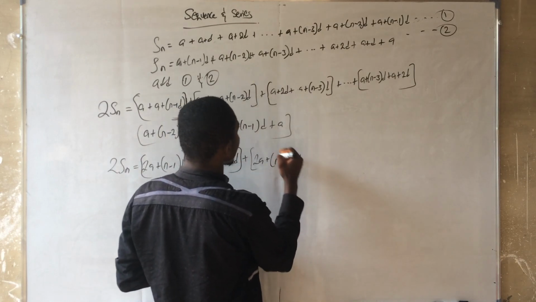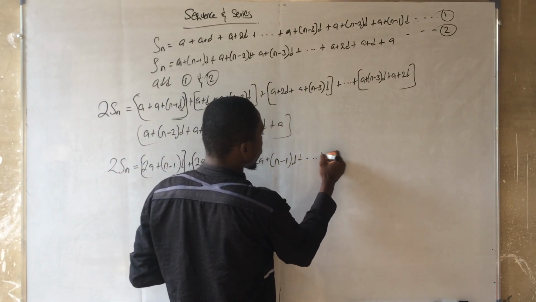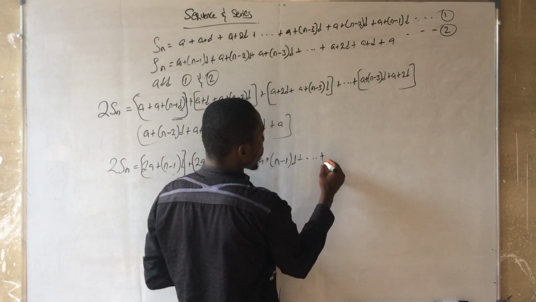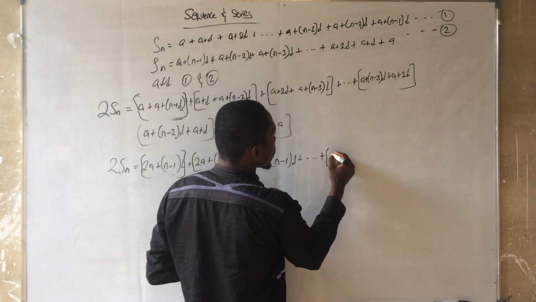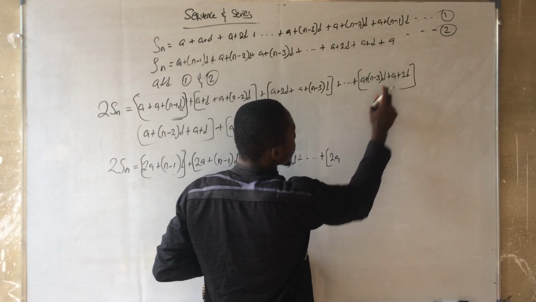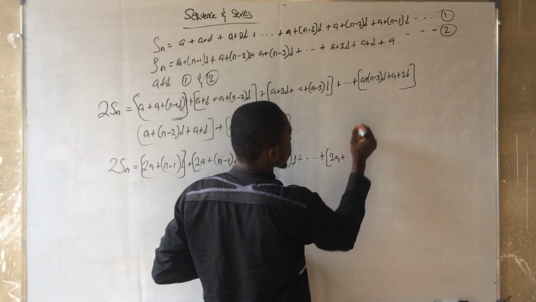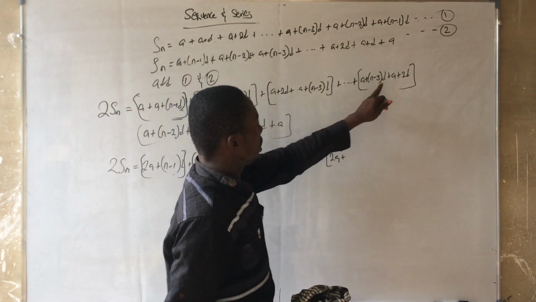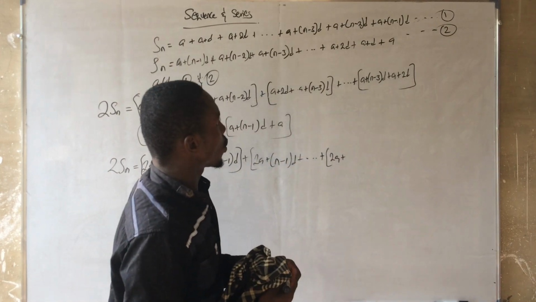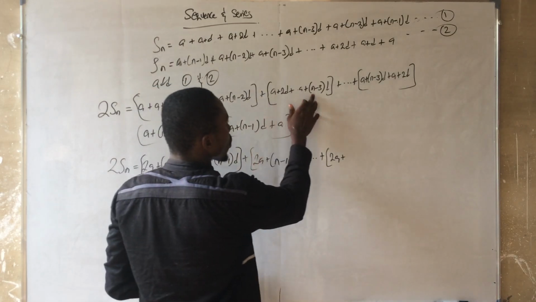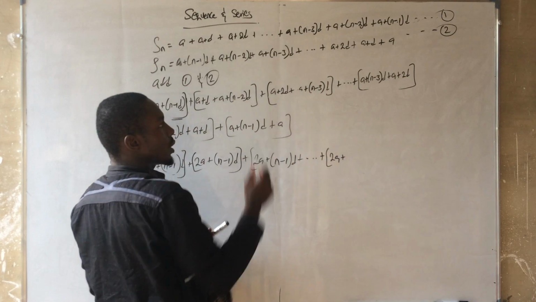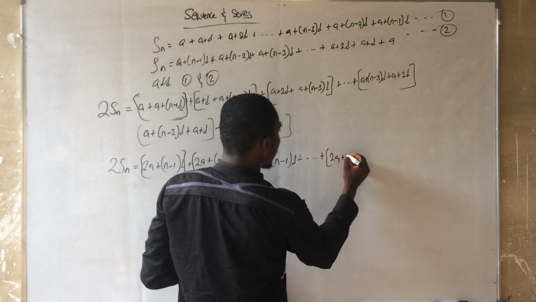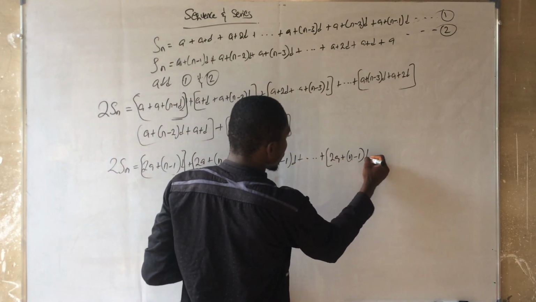I'll say again plus dot dot dot plus. I'll now come over to this one. I'll have 2a again plus, this is n minus 3d, and this is 2d. If we check here again, we see n minus 3d, 2d, so we have the same thing. I'll now say n minus 1d.